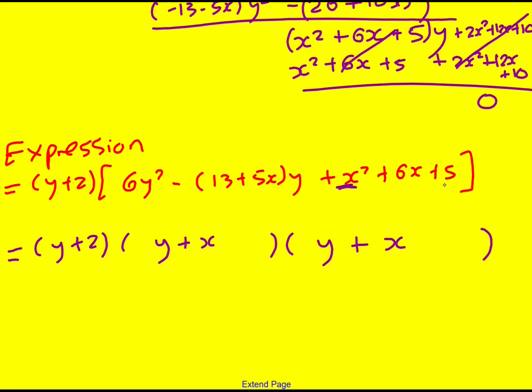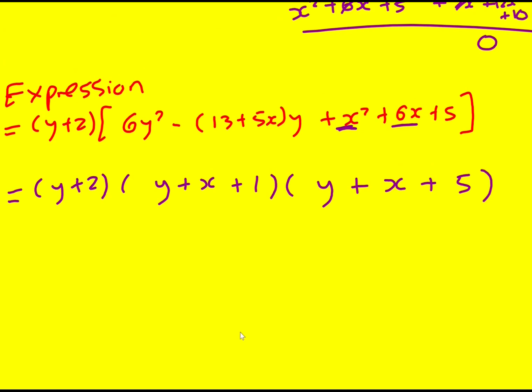And then I also need a 5, so that's going to involve having a 1 and a 5. That's the only way that could possibly work. They're going to have to be plus or minus. I've got a plus 6x, so yeah, they have to both be plus. Let's see where this gets us.